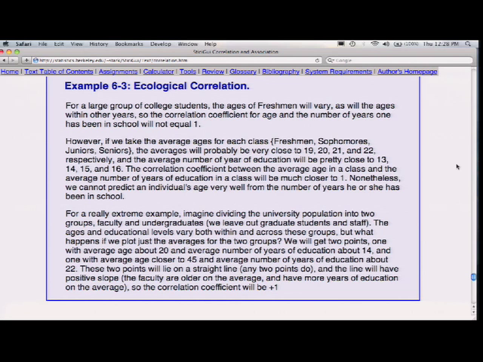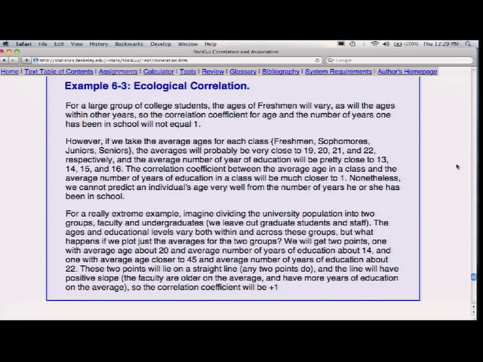We can find that the average age of the freshmen is 18 point something, and the average age for the sophomores is going to be 19 point something, right? But a given freshman could be quite a bit younger than 18. A given senior could be quite a bit older than 22. So there's a lot of variability. When you take the averages, that variability goes away, and what's left looks more predictable.